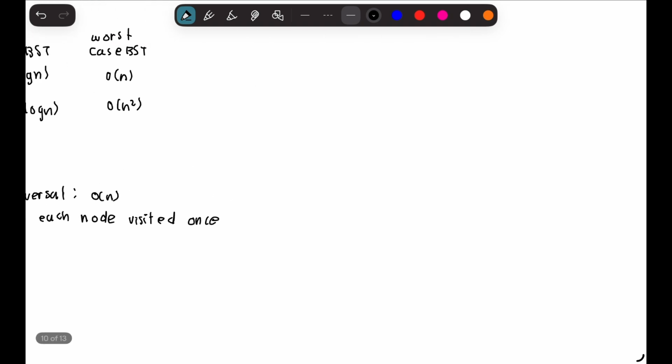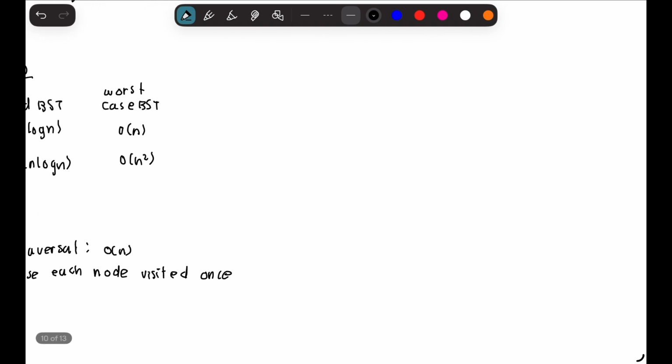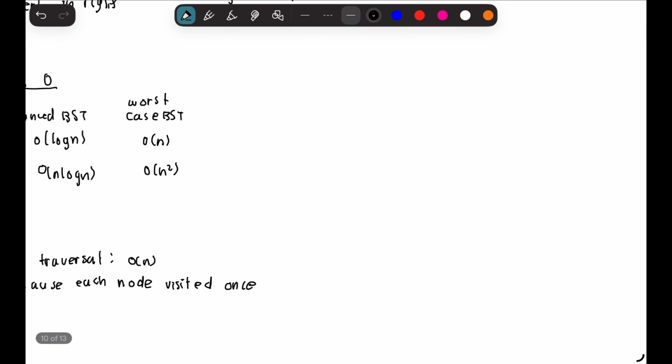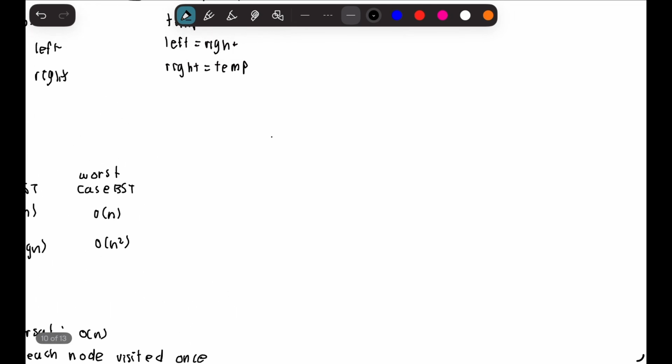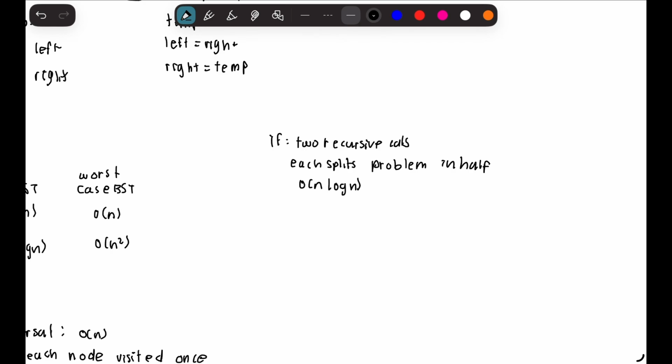Some recognition rules: remember that this goes back to the definition of O(n log n).